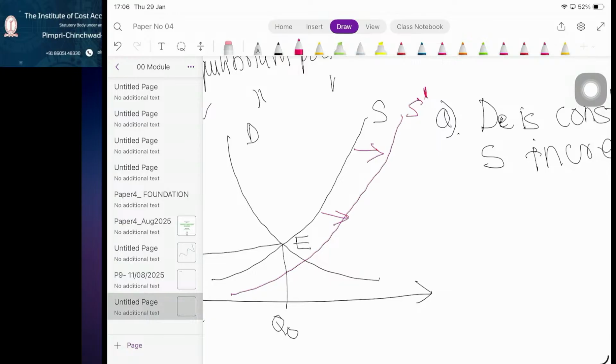Okay, now the new equilibrium is where demand and supply curve intersects. So D intersects with S prime. So this is the new equilibrium position, E dash. At E dash, what has happened?